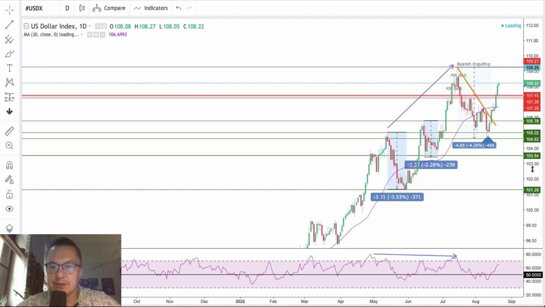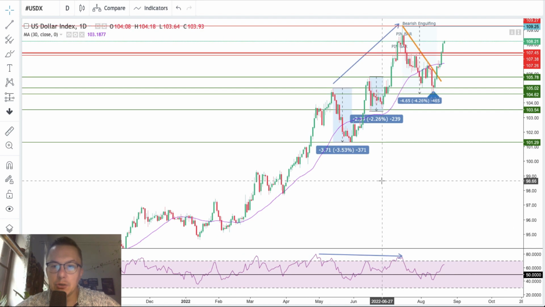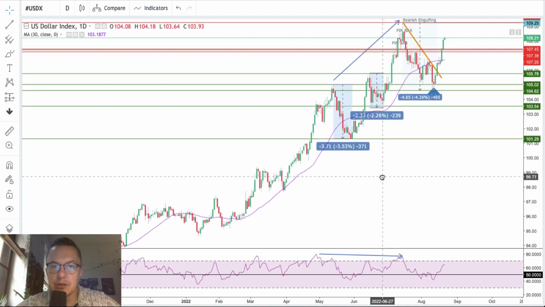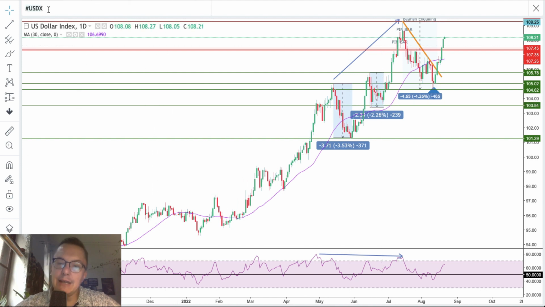So please consider the fact that we might see new highs on the US dollar index, which is currently being bought all across the board. So that's the US dollar index. If the euro dollar is going down, US dollar index is going up.